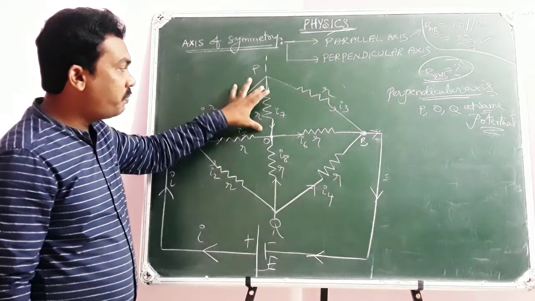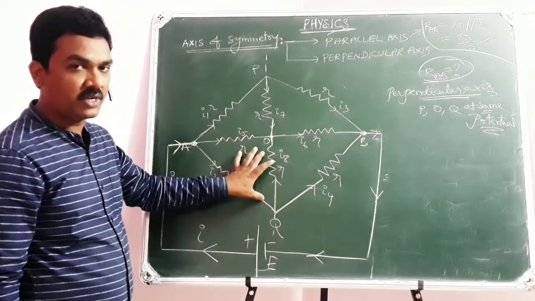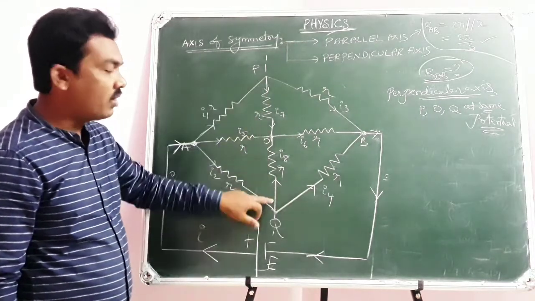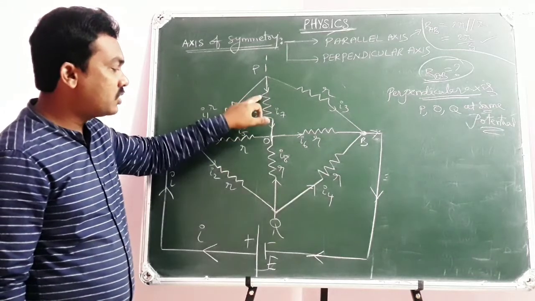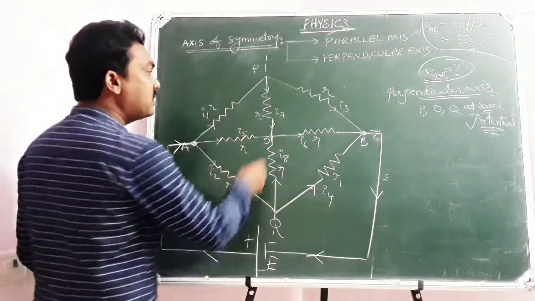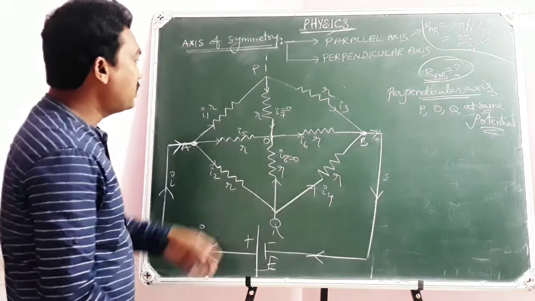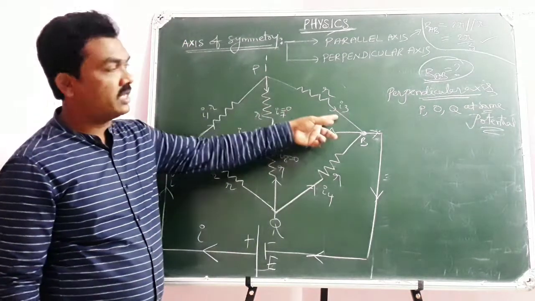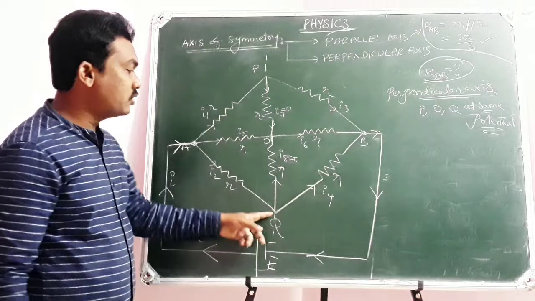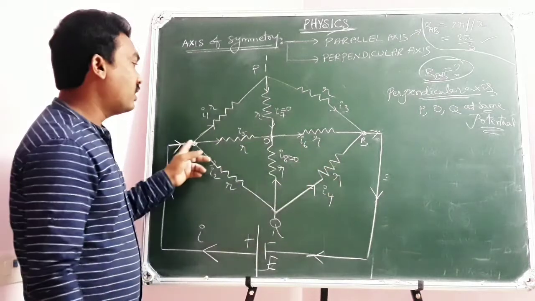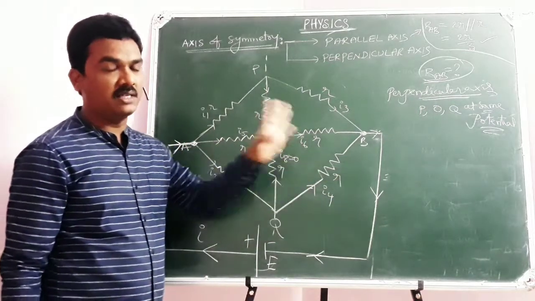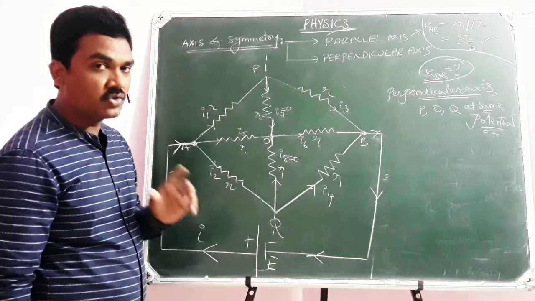And moreover, PO is ineffective, OQ is ineffective. Because P, O, Q are at the same potential, no current through PO and OQ. Means I7 and I8 are zero. Whatever current I1 comes in will go out as the same I3. Whatever the current I2 is will come out as the same I4. Whatever the current I5 is will come out as the same I6. That's what you need to understand.